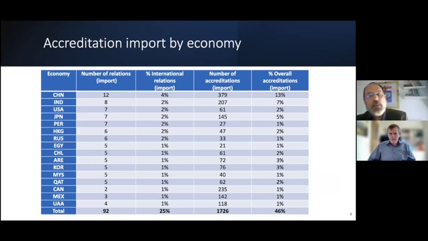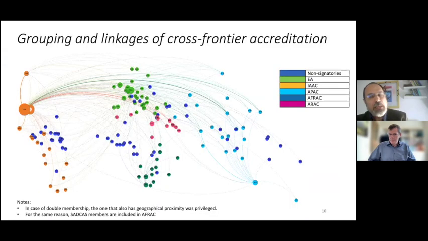In relation to imports, they're more distributed, and the first 16 importing economies represent 46% of the accreditations and 25% of the relationships. Here we can highlight China, India, Canada, Japan, and Mexico.